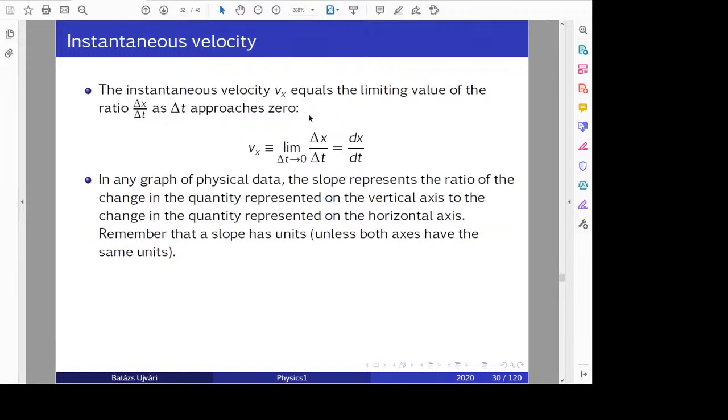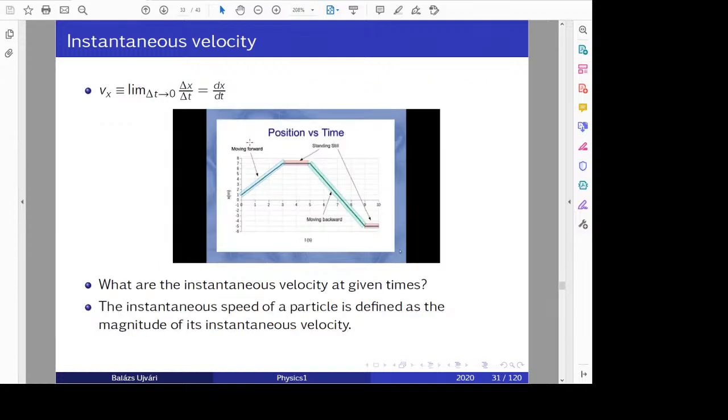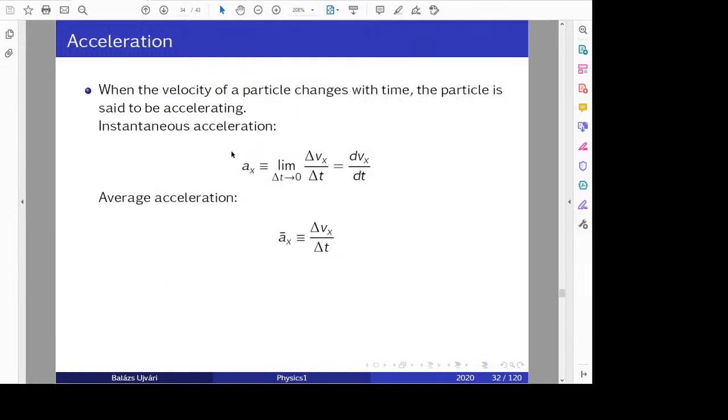If you are not familiar with this limit, we will talk about it at the lab. This is very important because if you have the function of your x, you can get the function of the v, and also if you have the function of the v, you can get the function of the a. This is very important in the kinematics we are learning right now.